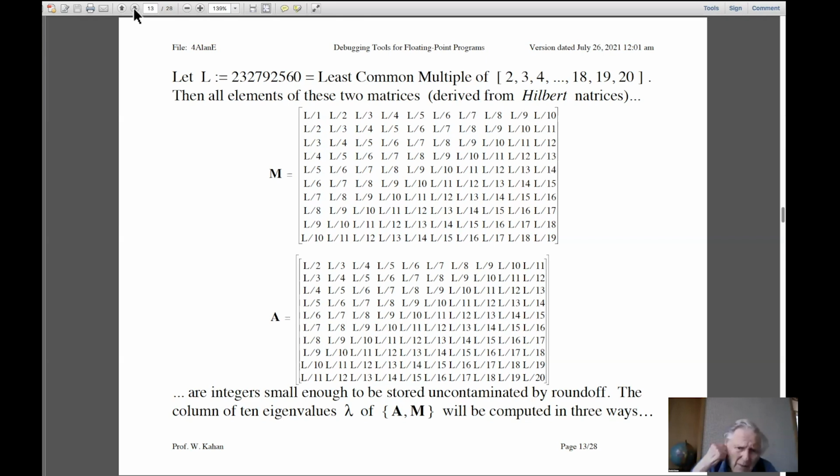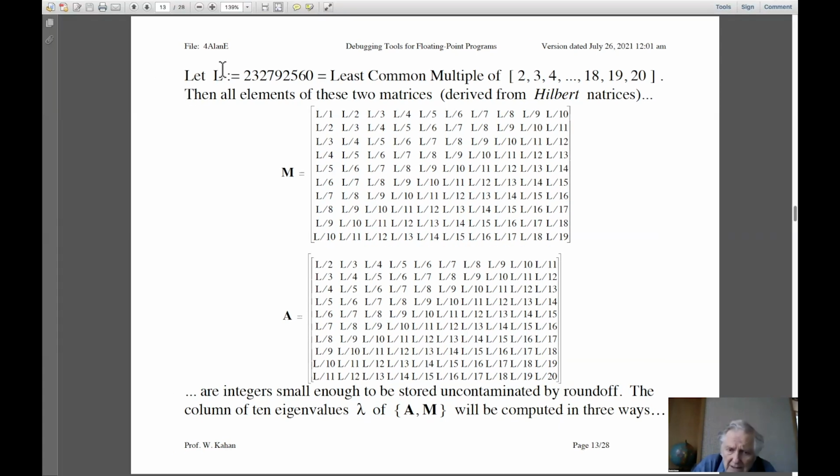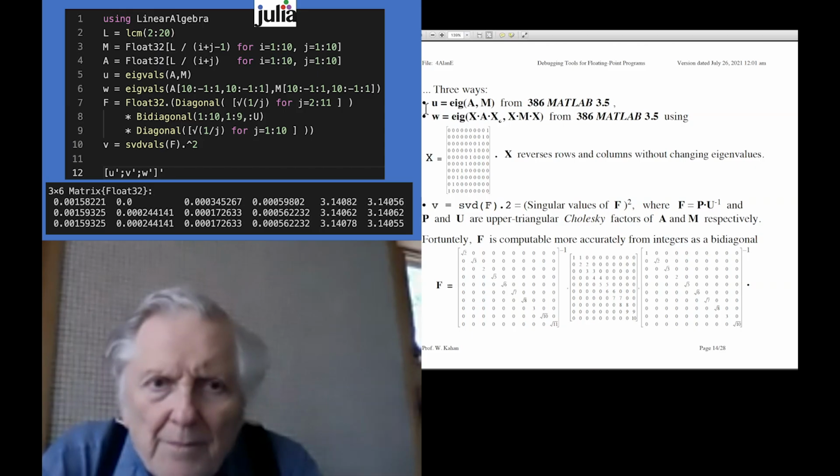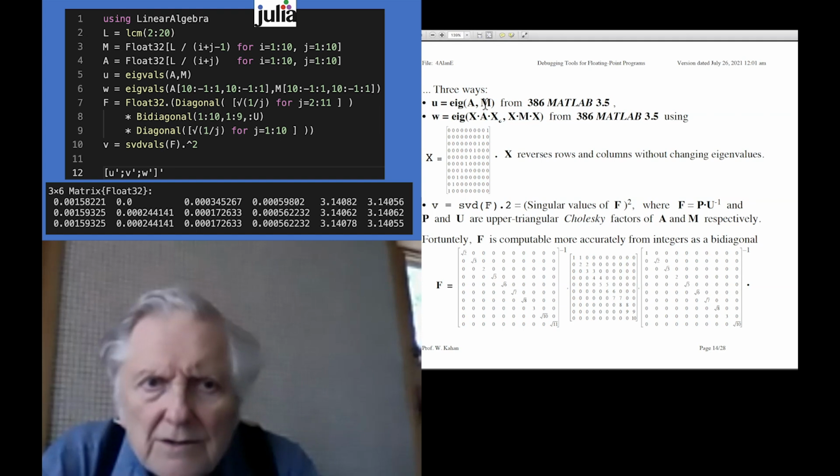Now, naturally, we're going to compute the 10 eigenvalues. That's lambda mentioned at the bottom. We're going to compute the 10 eigenvalues in 3 ways, in addition to matrices A and M factored, etc. First of all, there's the MATLAB program that computes the eigenvalues of this pair of matrices.